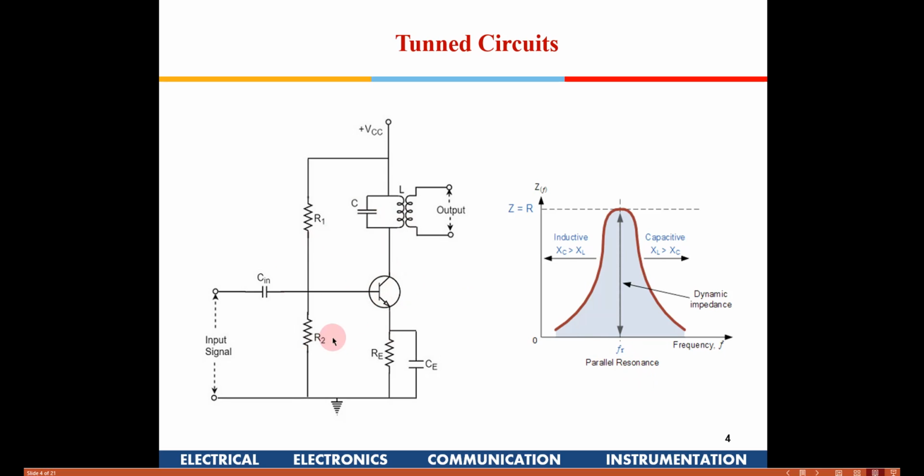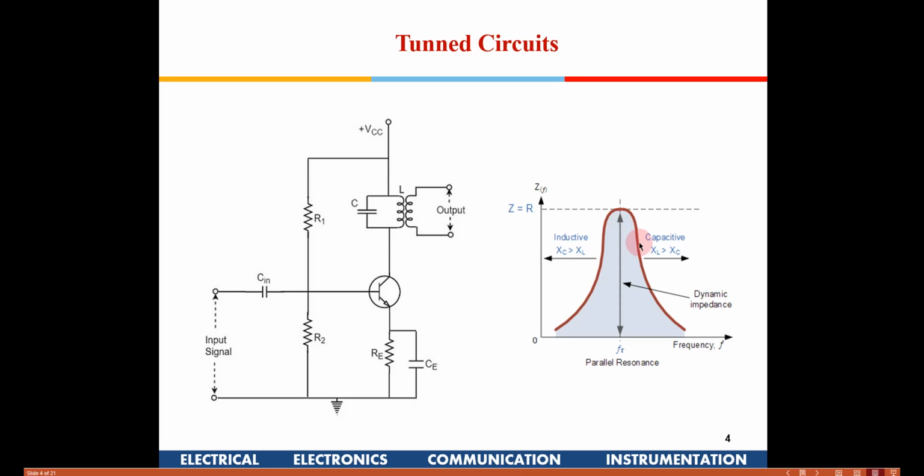We are going to learn about the BJT amplifiers towards the end of the course. Here, if you see, the impedance is matched only for the desired frequency. It is the maximum for this particular frequency given by LC. So that is where we use this resonance. And if you see here, if it has a good quality factor, then I will be able to select the desired frequency.